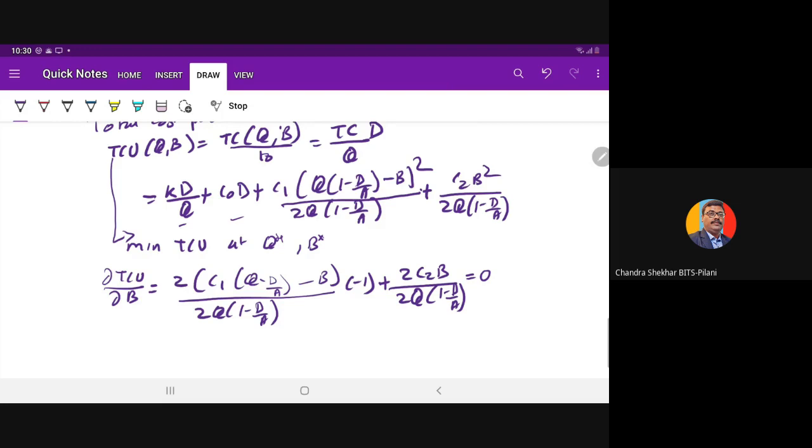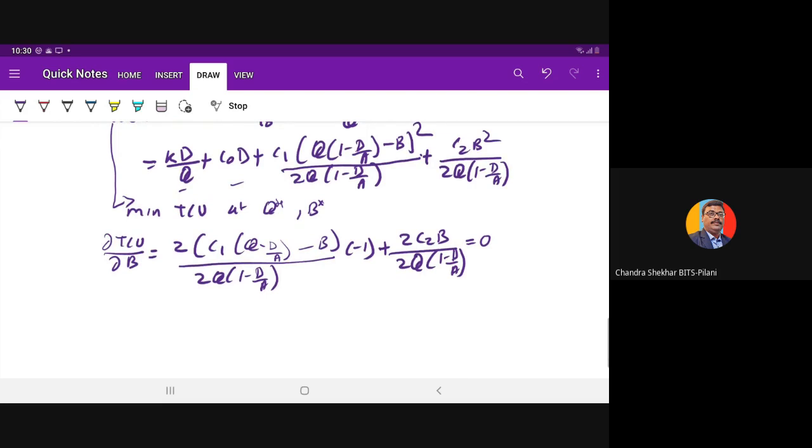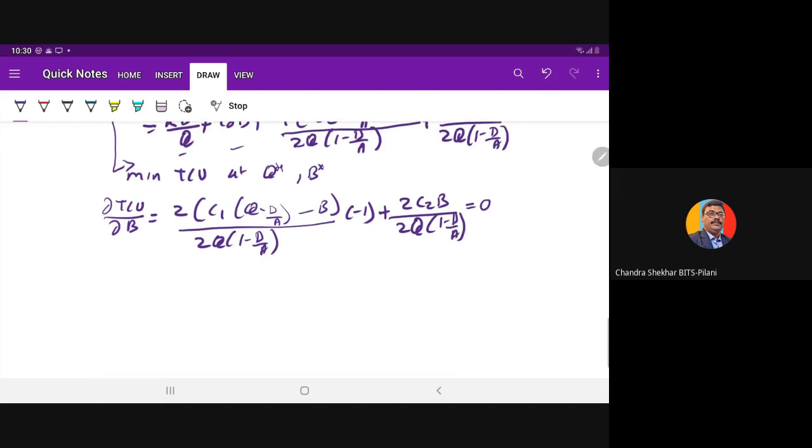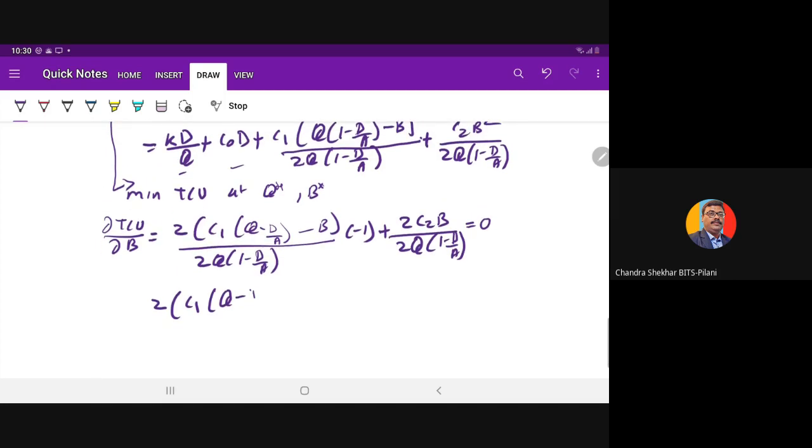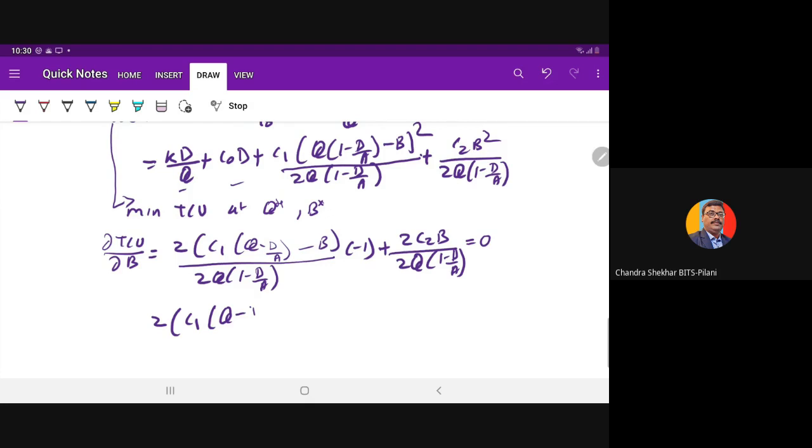So here this can be written as 2C1 into Q minus, Q is outside, it is 1 minus D upon A, so Q(1 minus D upon A) minus B is equal to 2C2B. This will come.